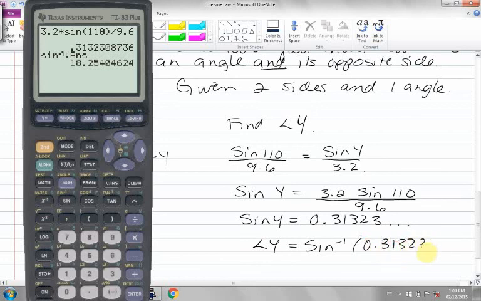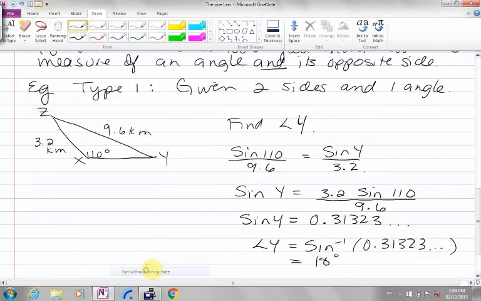I wouldn't expect you to write this, but I'm just doing it for our notes. And that is, to the nearest degree, 18 degrees. That looks pretty reasonable given our diagram. Again, it's in the ballpark. Now my diagrams are not drawn to scale, they're just sketched. But even for me, that looks reasonable.